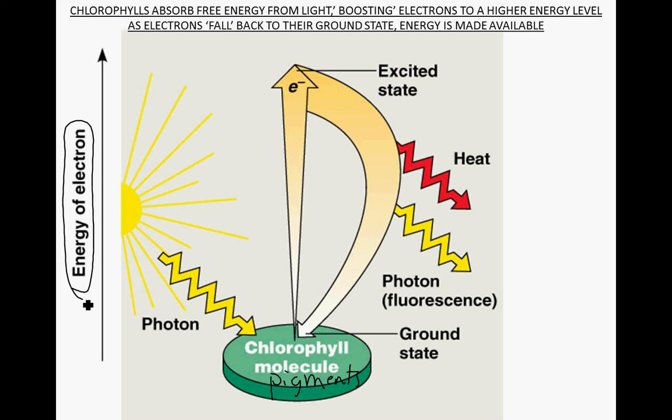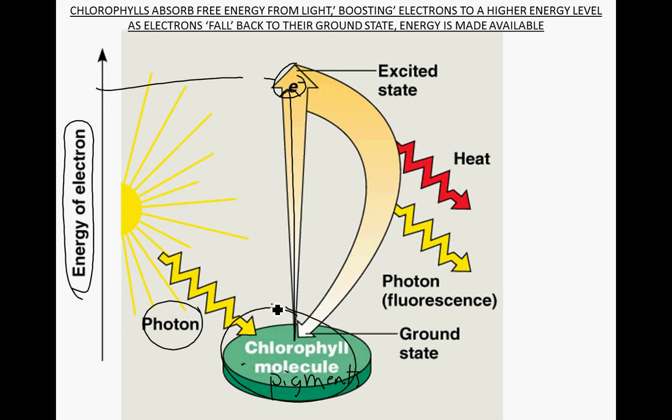What's happening is that these pigment molecules are going to absorb photons of light, and when they do, electrons get excited to a higher free energy level. So these electrons get excited by the absorption of light by the pigments, and so the pigments are the sources of electrons.